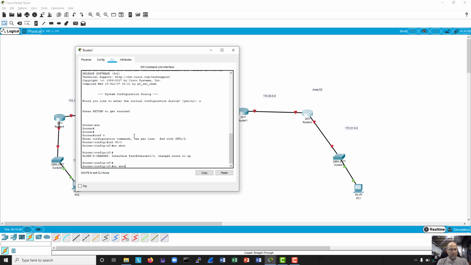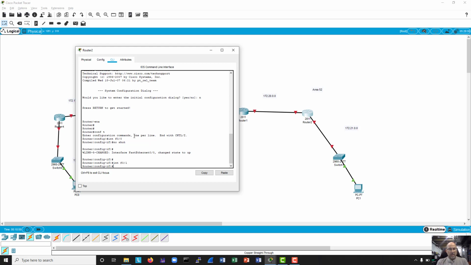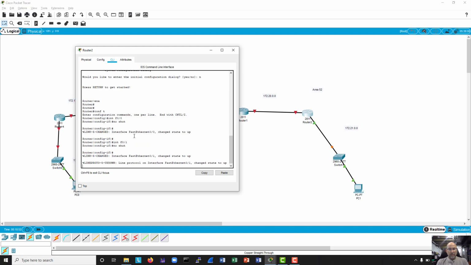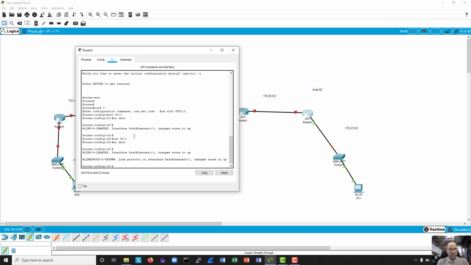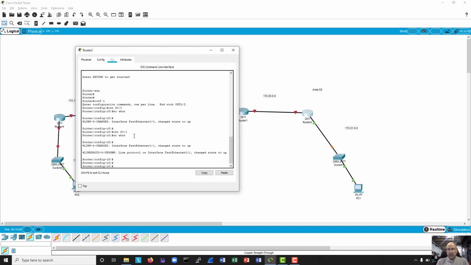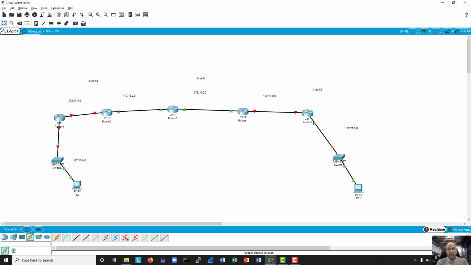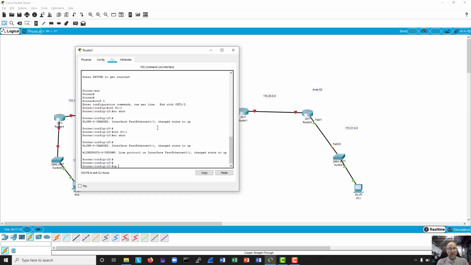I'm a little worried that I flopped my interfaces. Okay, we're just giving IP addresses to interfaces, and then I configure a routing protocol. That's it. So let's make sure.